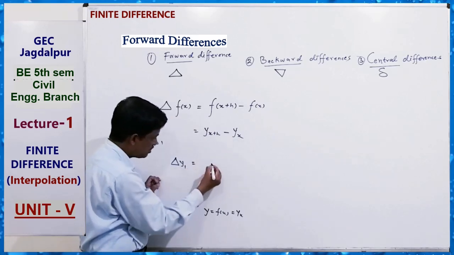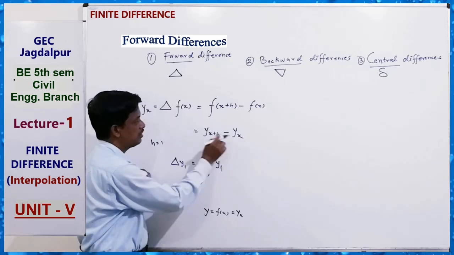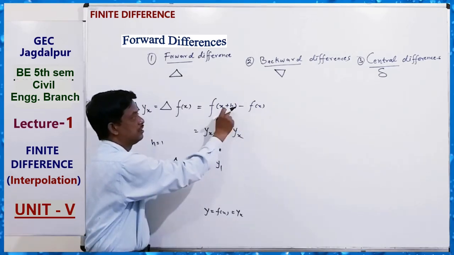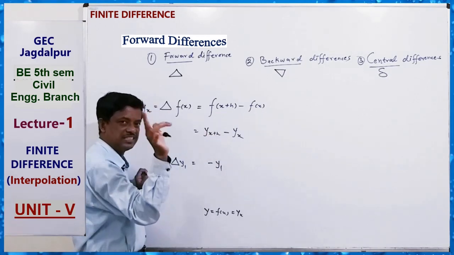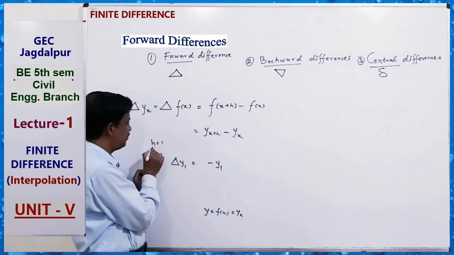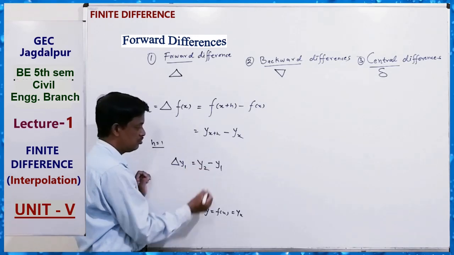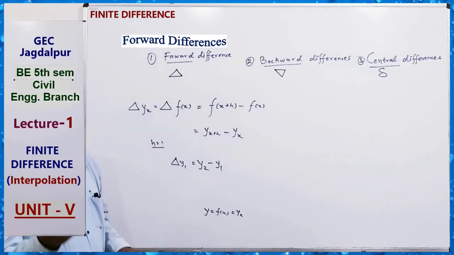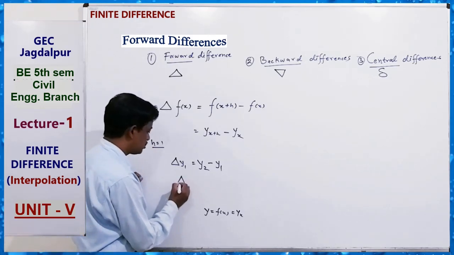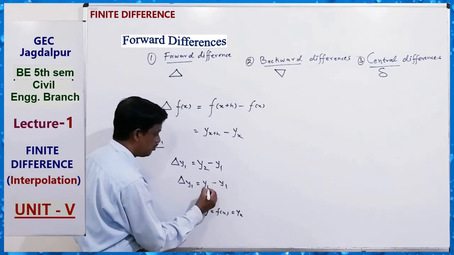So y1 is subtracted from the value where the argument is one times h greater. If h equals 1, then here it will be y2 minus y1, one greater, because h equals 1. If the interval is h, then it is y(1 plus h).